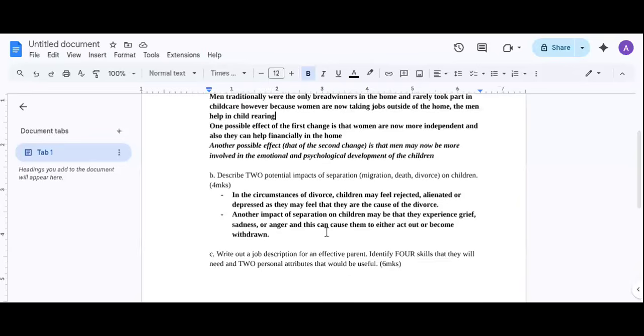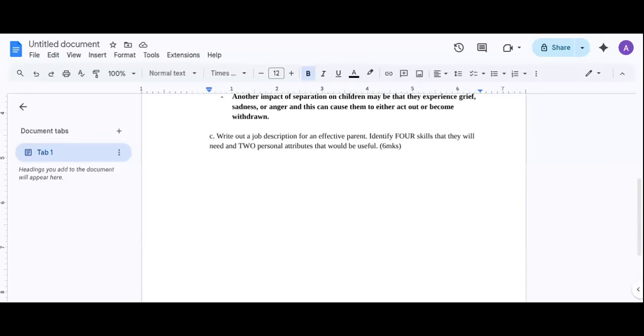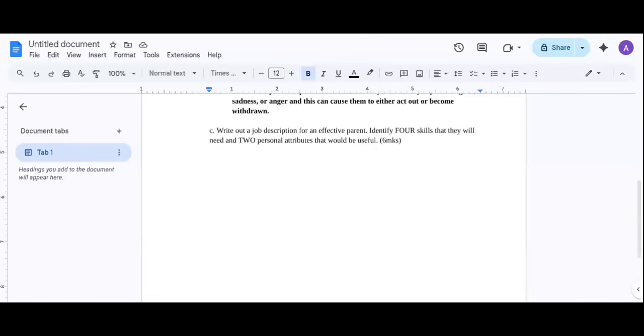Good. And the third part, part C of the first question: write out a job description for an effective parent. Identify 4 skills that they will need and 2 personal attributes that will be useful. So immediately, based on what they're saying, they're looking at effective parenting skills.